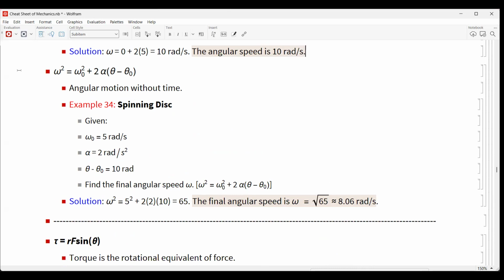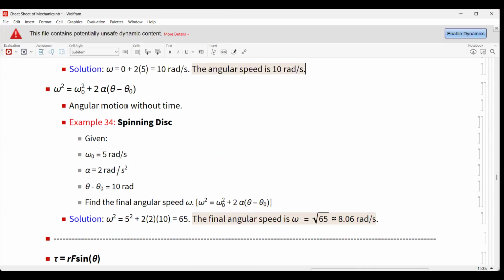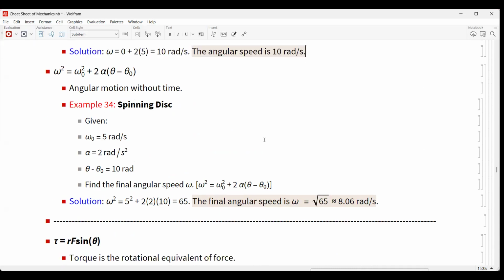Okay, the next problem is about angular motion without time. So we have a spinning disk here. The initial angular speed is equal to 5 radians per second. The angular acceleration is 2 radians per second squared.